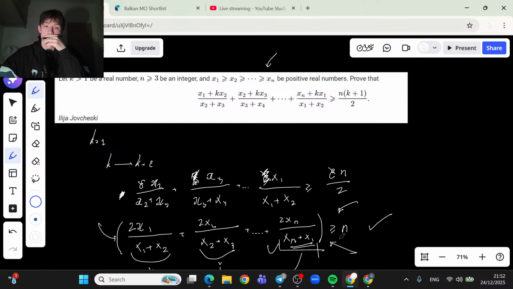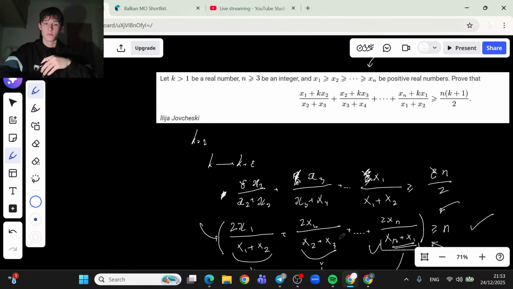Oh, that's the issue. But k greater than 1 should be used to set some inequalities. That's what I think. Because k being greater than 1, I'm pretty sure it must be used in terms of kx2 being greater than x2, if that makes sense. Otherwise you get these things that I don't think would be true, unless the problem writer, this Ilya guy, is super weird.